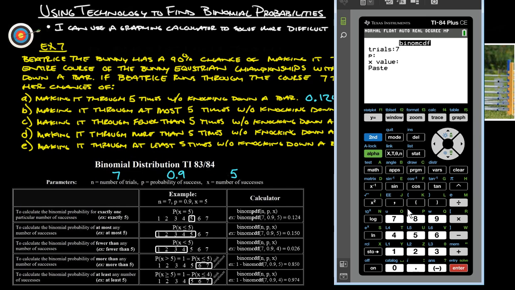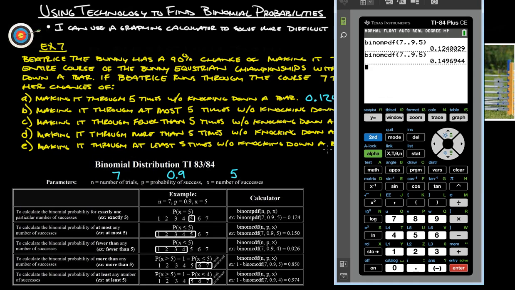Our probability of success is 0.9. The number of successes we're looking for here would be 5, and then it's going to paste it in. Now this adds up the probability of getting 1, 2, 3, 4, or 5 successes.